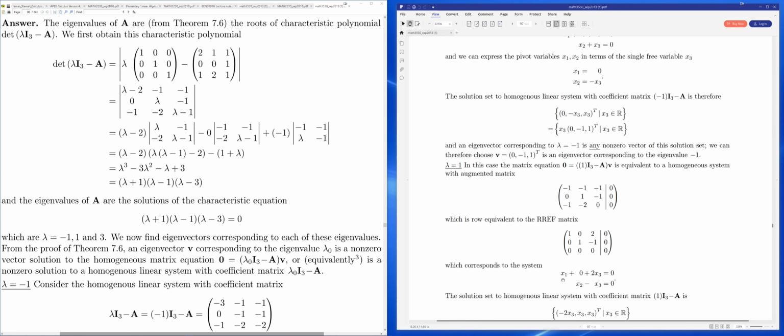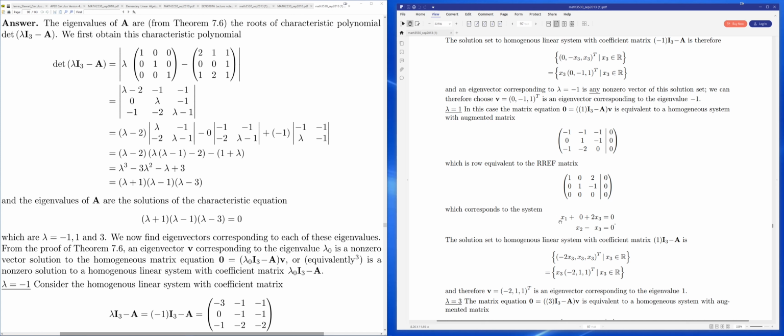Form your associated system from the RREF that you get after applying Gauss-Jordan. A non-zero eigenvector is a non-zero solution of the system here. And you do this in your normal way. You express your pivot variables in terms of your free variables.